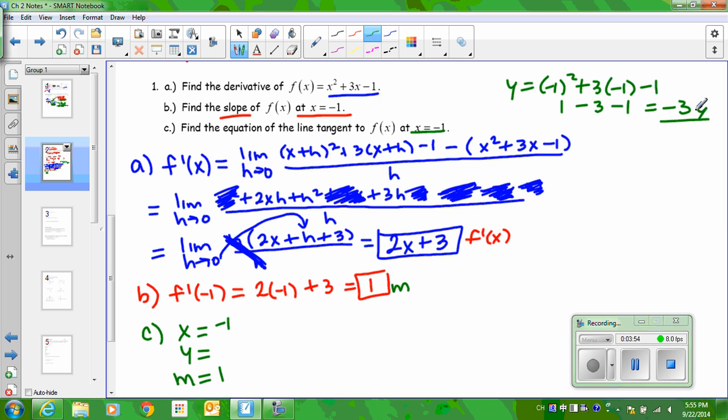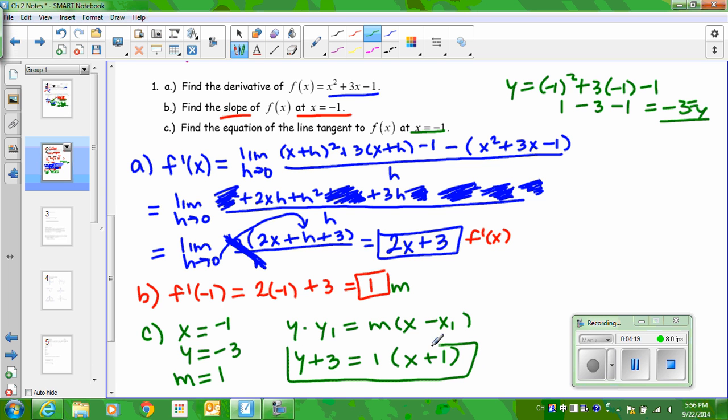That's the y value. So that should be equals -3. Now also remember that we have the point-slope formula. So our final answer is y minus -3, so plus 3, equals m, which is 1, times x minus -1, so x plus 1. Okay, and you can actually just leave your answer just like that.